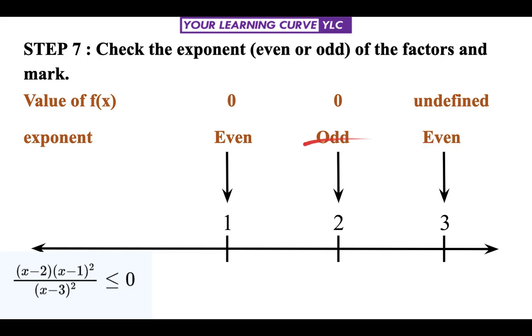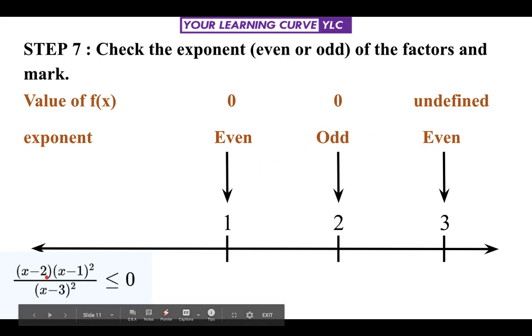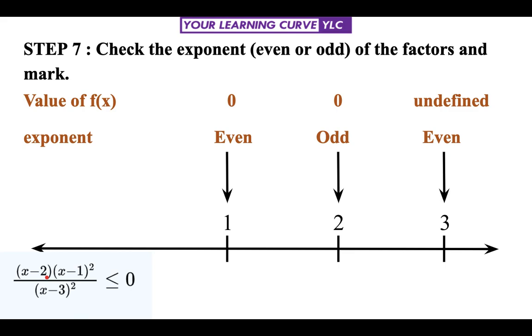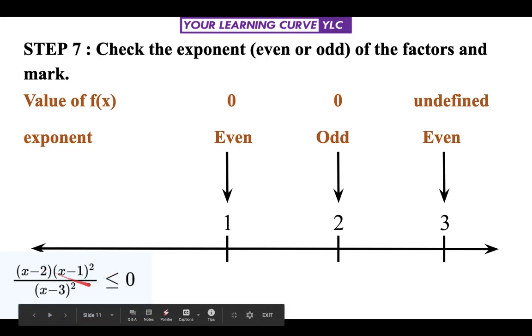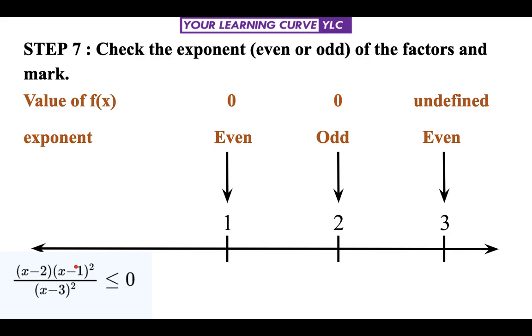We are doing this because if the power is odd and the function changes its sign, then if it is positive, an odd power will give you a positive result, but if it is negative, an odd power will give you a negative result. But this is not the case when the power is even, for example 2 or 4 or 6. Then whether this number is positive or negative, after raising it to an even power, for example square over here, it will become positive.